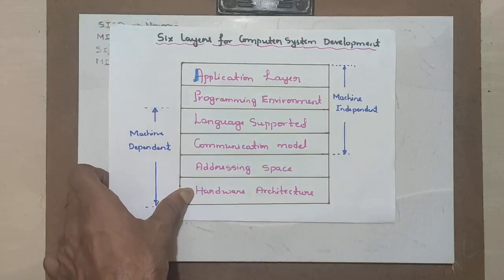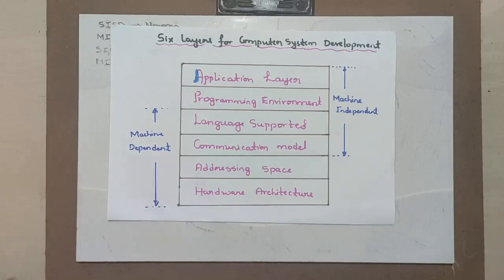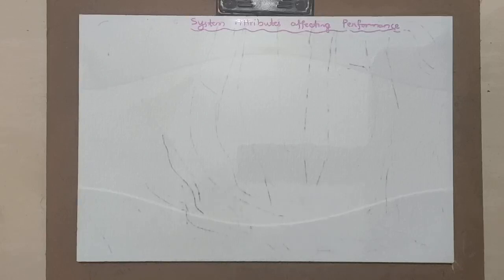Next, let us see system attributes affecting the performance. Let us see the system attributes affecting performance of a computer system. Obviously, what do you mean by performance? You see, a computer system wants to do some task so that it can execute a program or algorithm, isn't it?